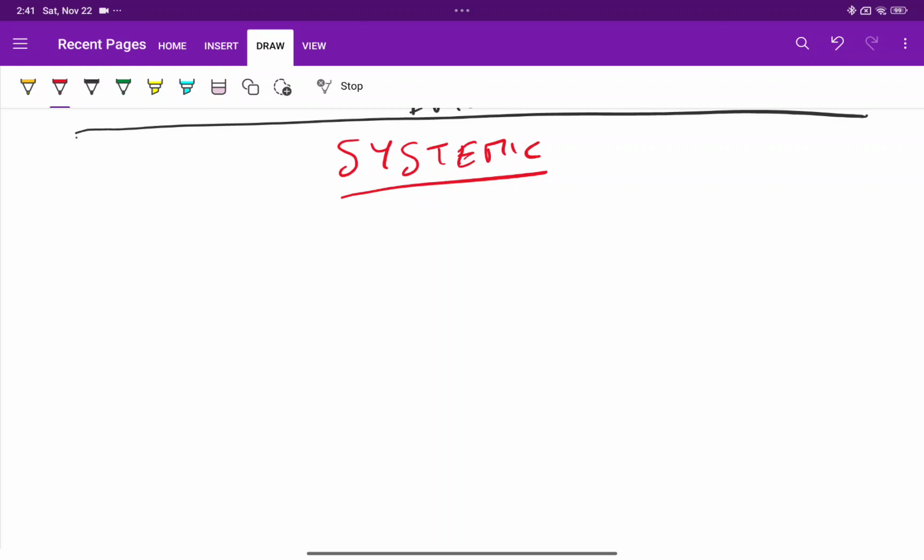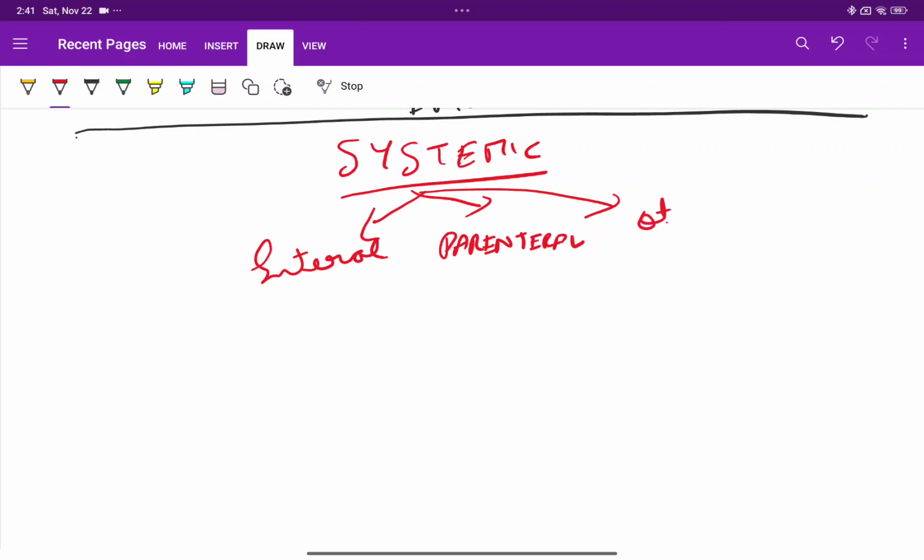Only those were targeted through the topical route. Now is the systemic route. In the systemic route, we have enteral route, parenteral route, and others. Parenteral routes are mainly injectables.